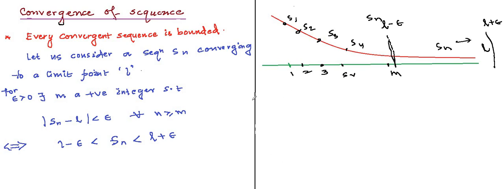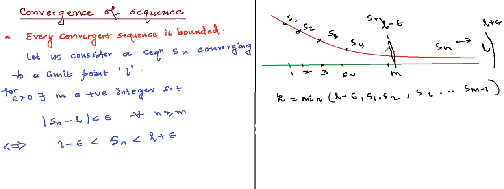Clear? Now let us consider a value. Let us consider this k value, which is the minimum of L minus epsilon, S1, S2, S3, dot dot dot Sm minus 1.